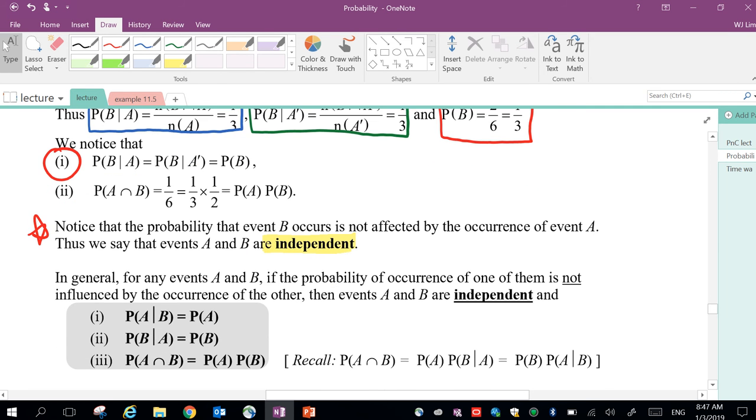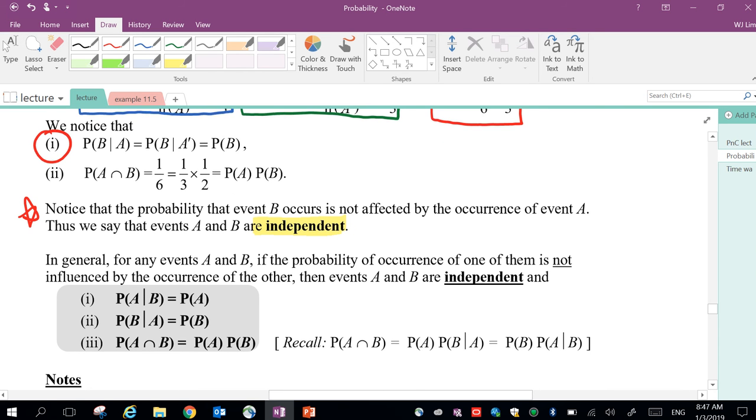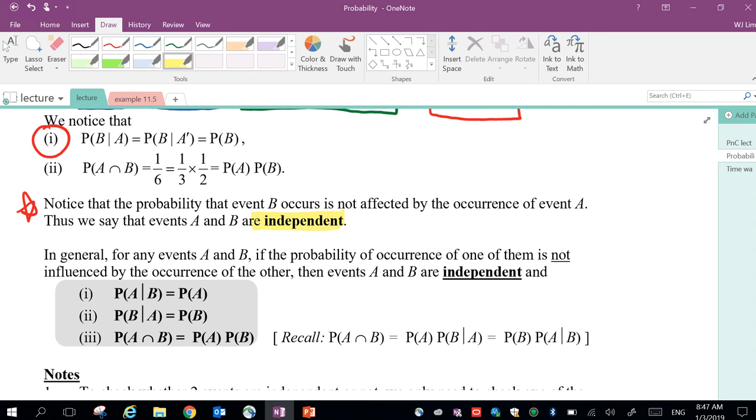So in general, for any events A and B, if the probability of occurrence of one of them is not influenced, meaning they don't affect the other event, then A and B are called independent events. How do I prove independent events?